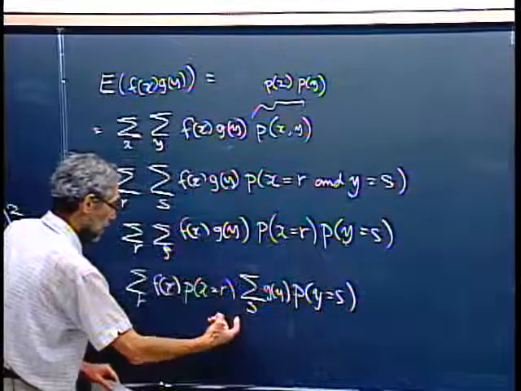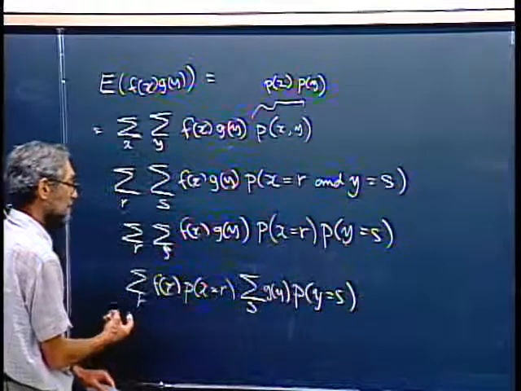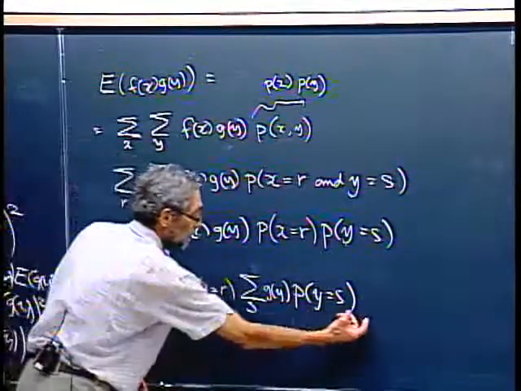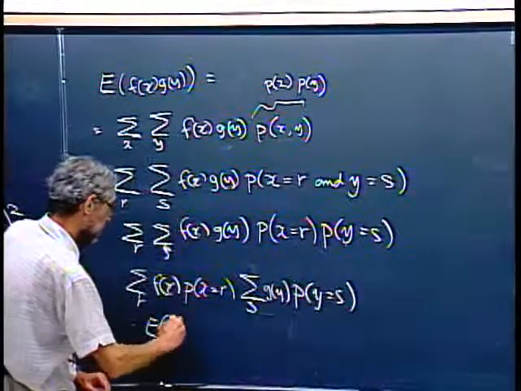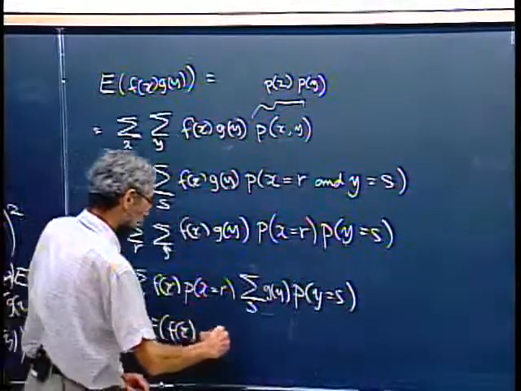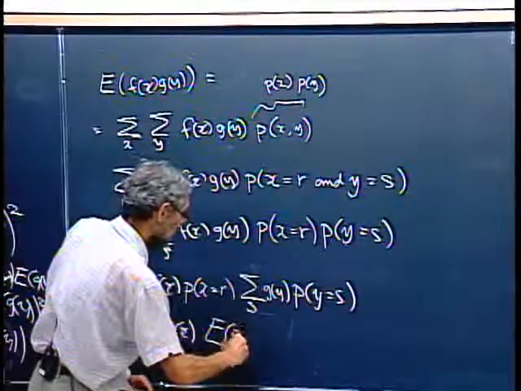So the sum is really just that constant times this, right? Because I factored this out. So this is the expectation of f of x, and this one is the expectation of g of y.